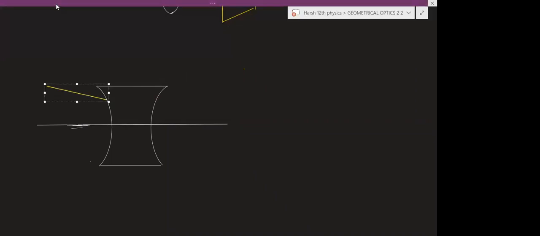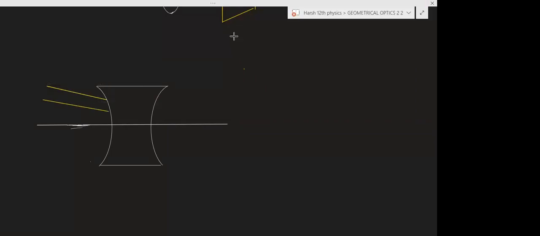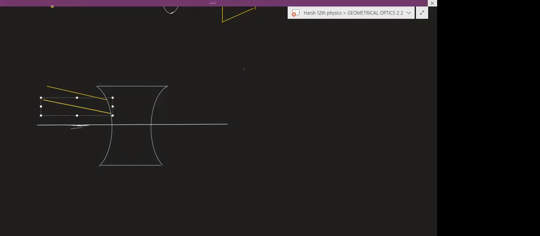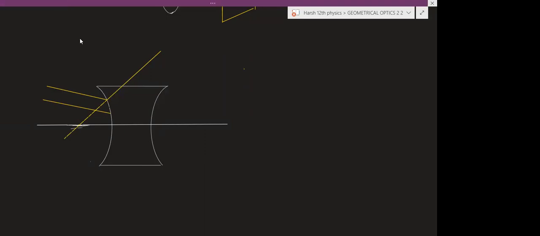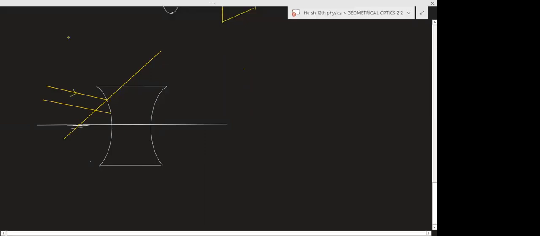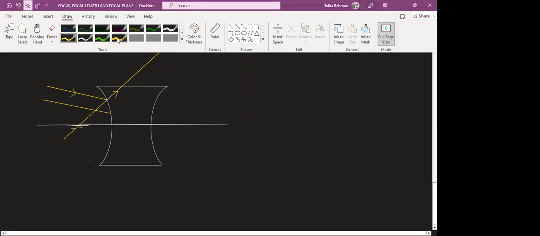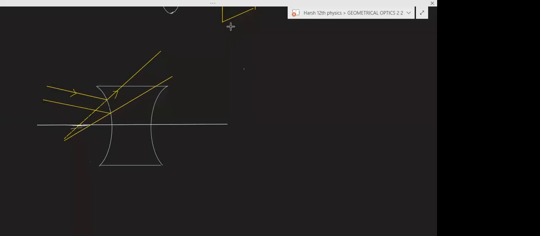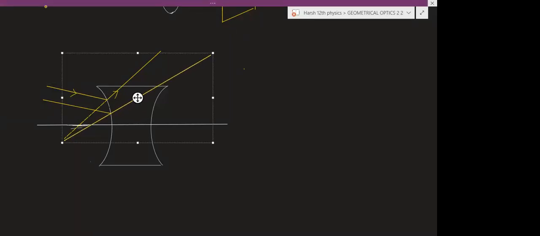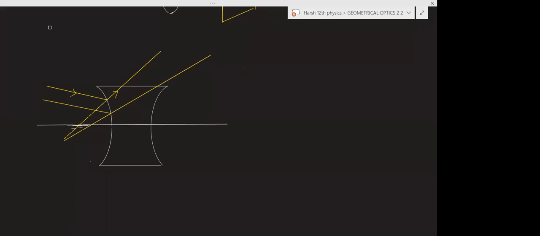These are the parallel rays, getting diverged and producing backward. Okay. Now another ray meeting at this point, getting diverged, producing backward.